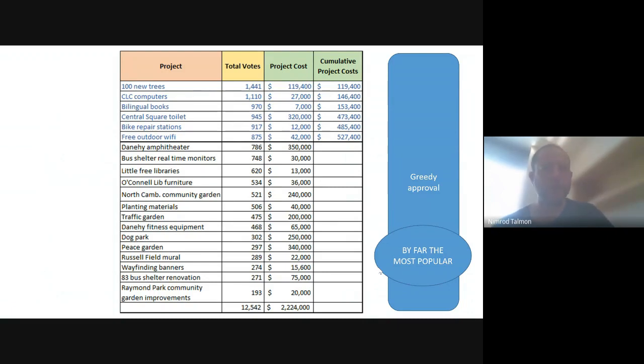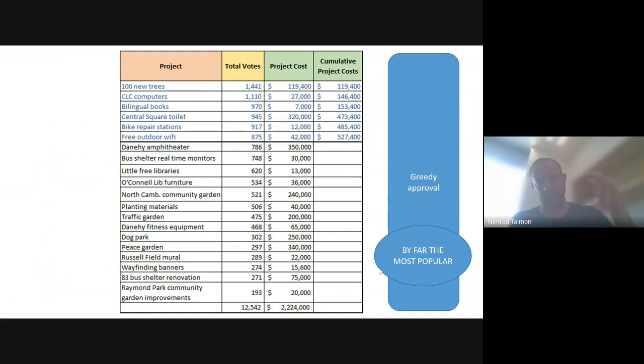So for example, you see that there was a project of planting 100 new trees, and this got marked by 1,441 residents of Cambridge, and the cost of the project is as written here. And then the second most popular project was the CLC computers, which I'm not sure what CLC is, and this got the votes of 1,110 and so on.